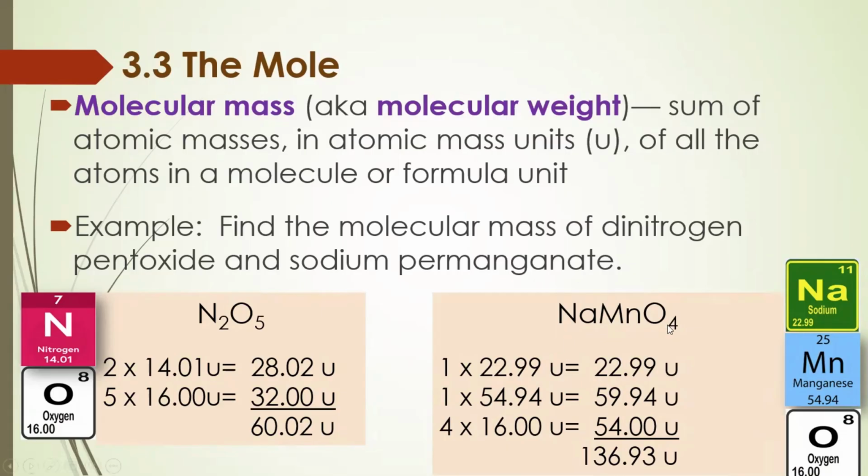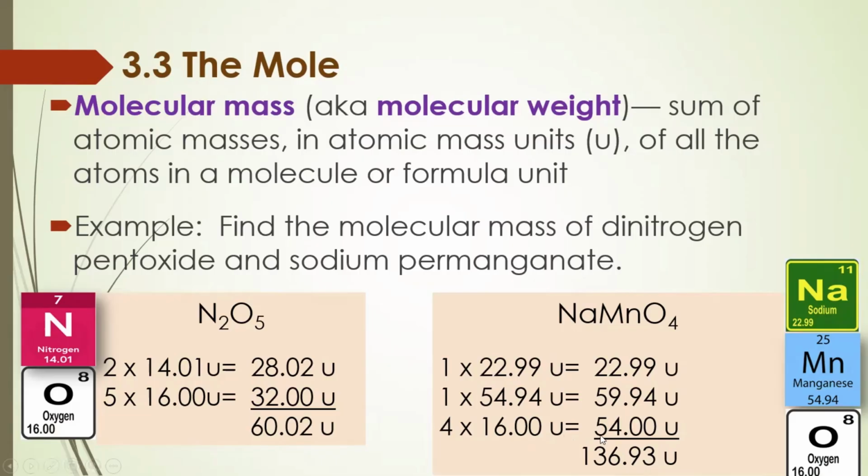Sodium, manganese, and oxygen. We have one atom of sodium, so the 22.99 atomic mass units. We have one atom of manganese at 54.94 atomic mass units, and we have four atoms of oxygen at 16.00 atomic mass units.